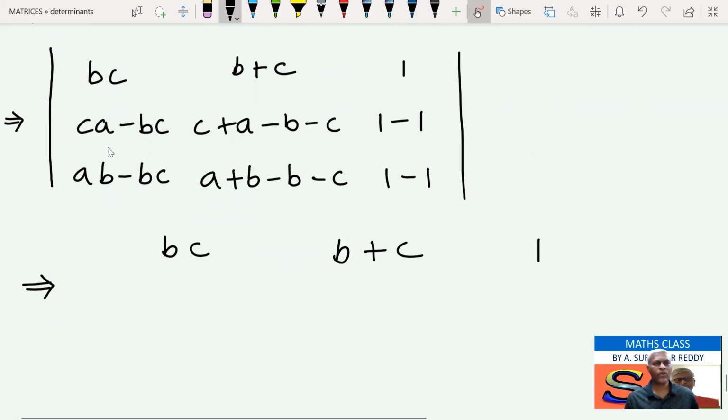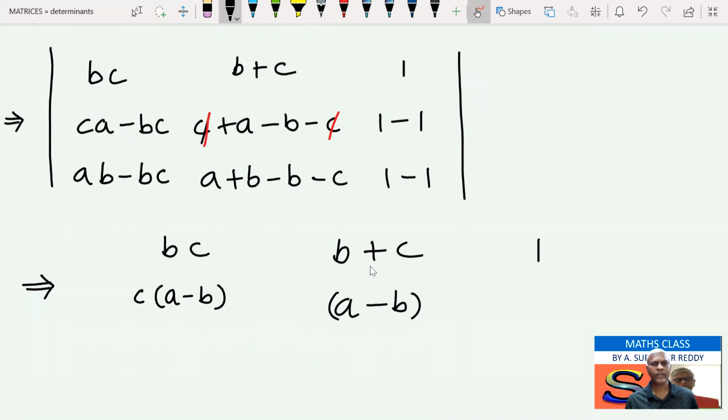In the second row, CA minus BC, taking C common, this becomes A minus B. Plus C minus C will get cancelled and this will remain A minus B. So 1 minus 1 is 0.